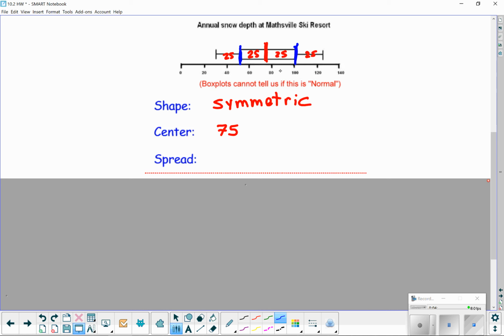So from 50 to 100 is also 50. I'm thinking maybe a little bit less, but that's my best estimation. So my spread is going to be 50 inches, the annual snow depth.